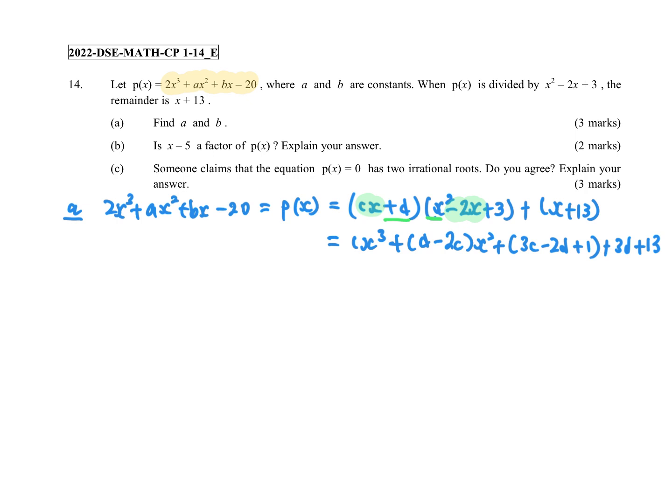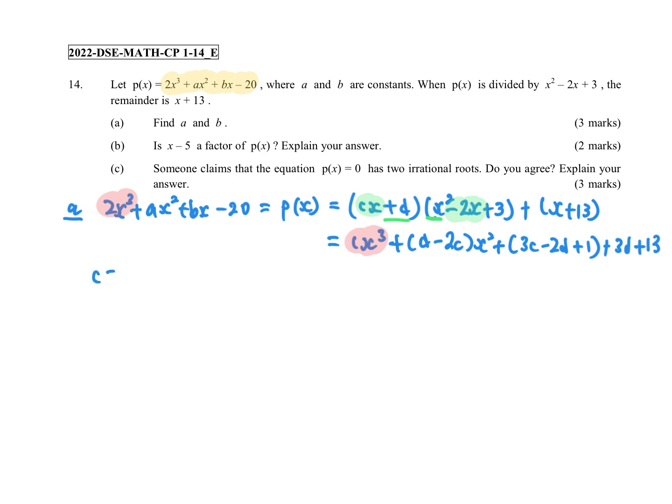Okay, just check the answer before we go on. Otherwise, we cannot figure out a positive answer in part B. Good. Then we compare coefficients of the like terms on both sides of p(x).